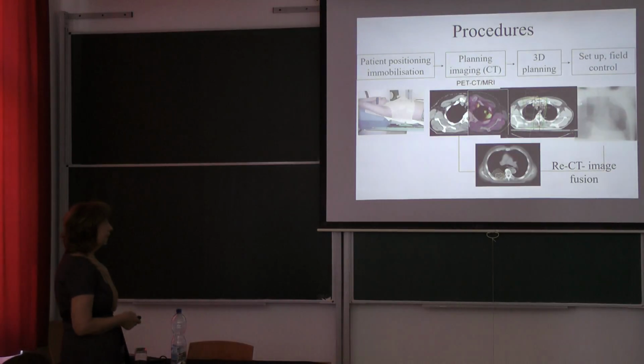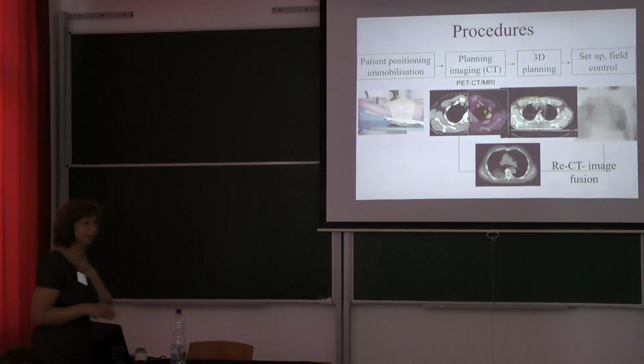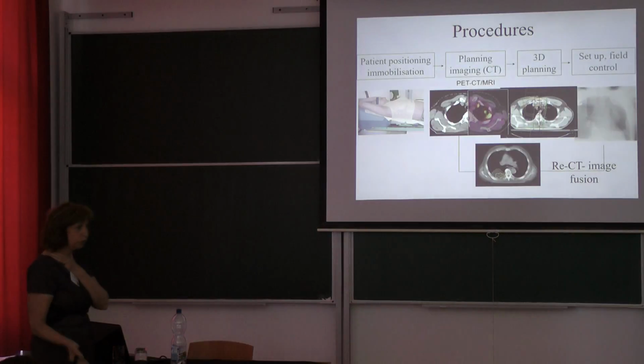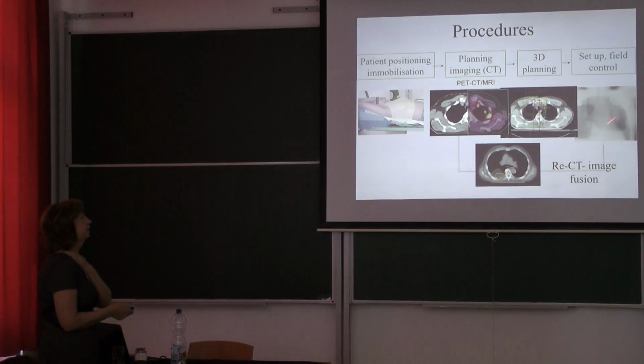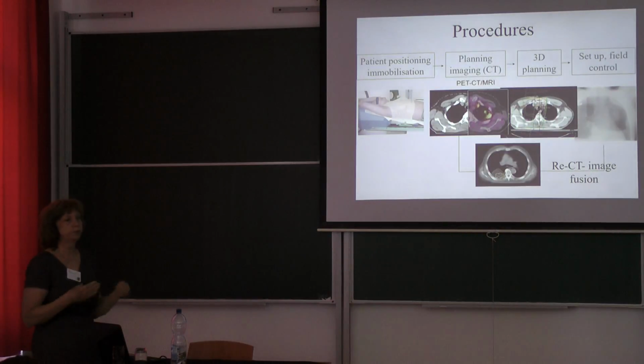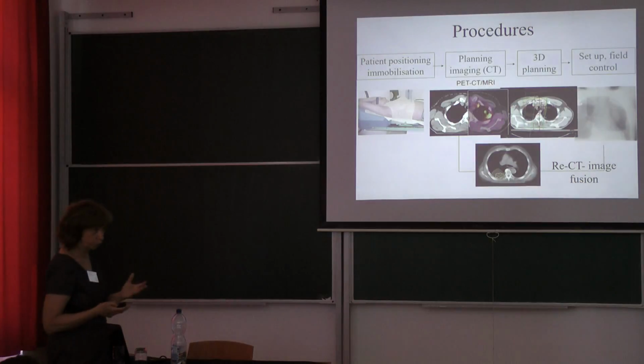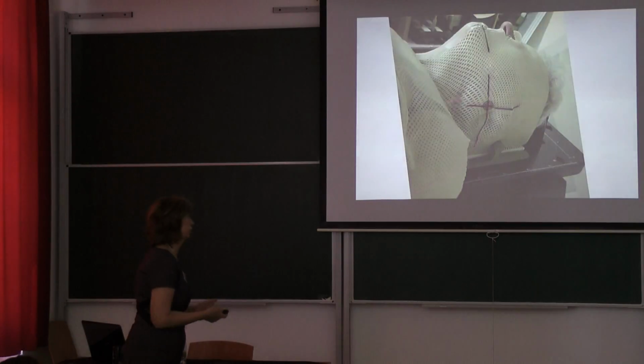Thereafter, after defining the target volumes and the doses, the dose prescription, the planning takes place, and the radiation delivery should be applied in a very controlled manner, and after a while there should be some control on the changes of the body and to adapt our radiation approach to the changes.